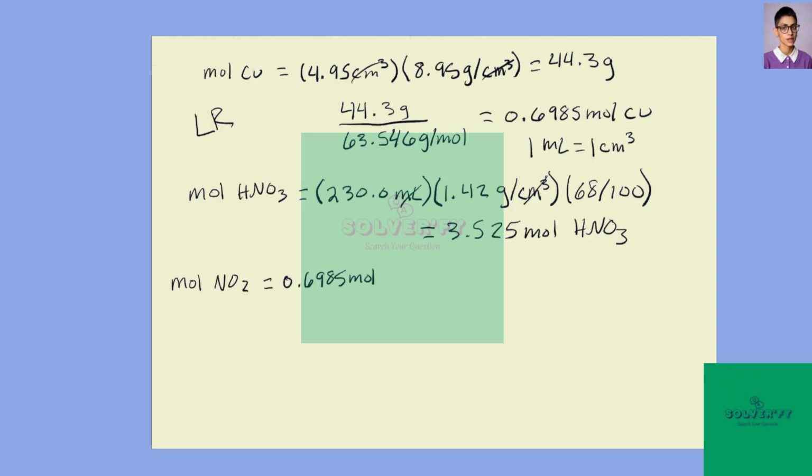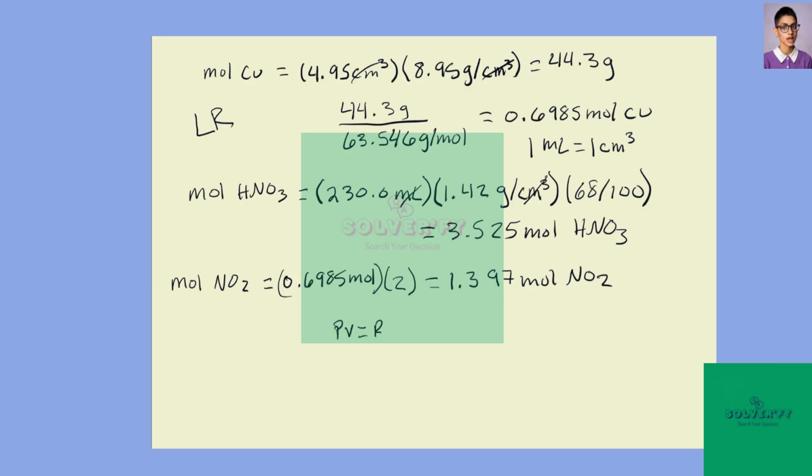So we are actually going to times this by 2. And this is going to give us 1.397 moles of NO2.